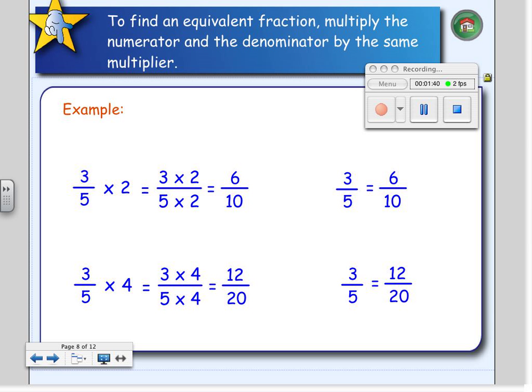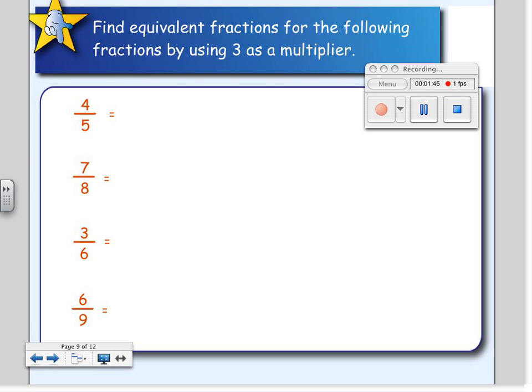Okay, let's find equivalent fractions for the following fractions using 3 as the multiplier. So we're going to multiply each fraction by 3 to find its equivalent. McKenna, come on up. Pick up a pen.